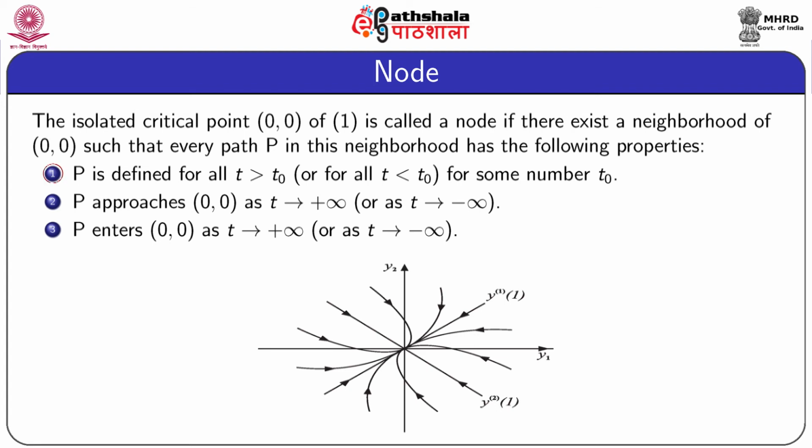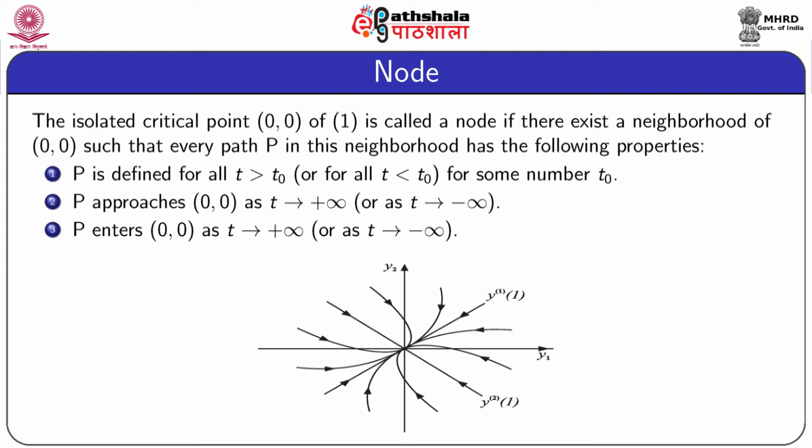P is defined for all t greater than t0 or for all t less than t0 for some number t0, and P approaches (0,0) as t tends to plus infinity or as t tends to minus infinity, and P enters (0,0) as t tends to plus infinity or as t tends to minus infinity.